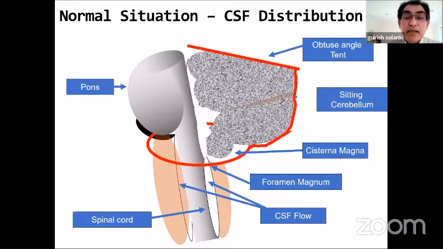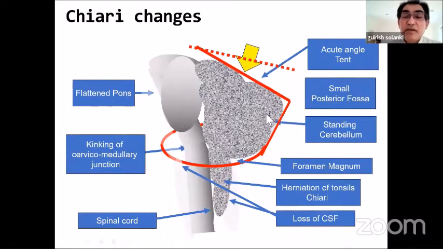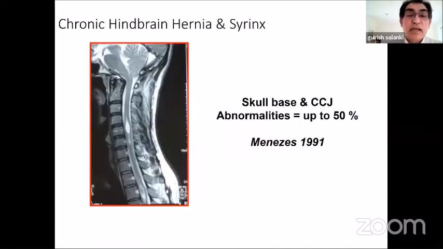And then when you look at a herniation, you find that there is a descent of the tent, the small posterior fossa, the cerebellum is pushed forward and becomes standing, the hernia, blockage of the CSF spaces, the opisthion is no longer curved, but is straight. So it's like a slide rather than a chair. So the cerebellum can no longer sit in a chair, it's sliding in a slide. That's the way to kind of explain this.